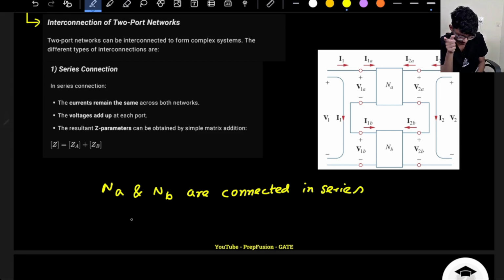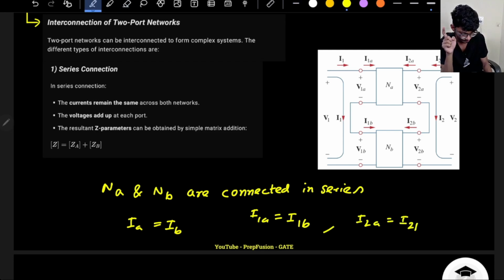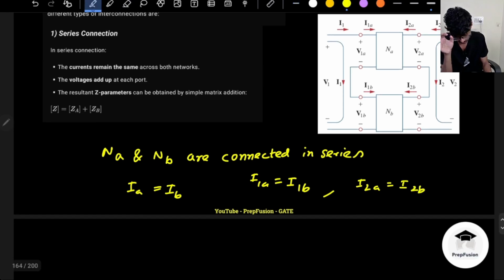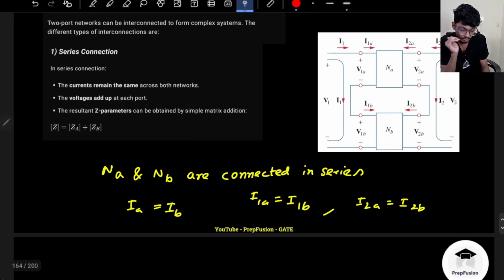Current through network NA and current through network NB will be same. That is, the port 1 current of network NA and port 1 current of network NB should be same. The port 2 current of network NA and port 2 current of network NB should be same. Okay. Is it the case here? I think it is the case, right?